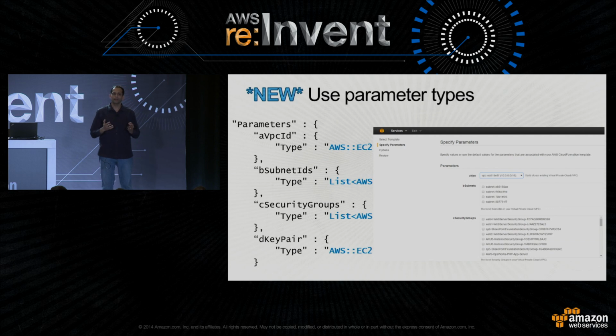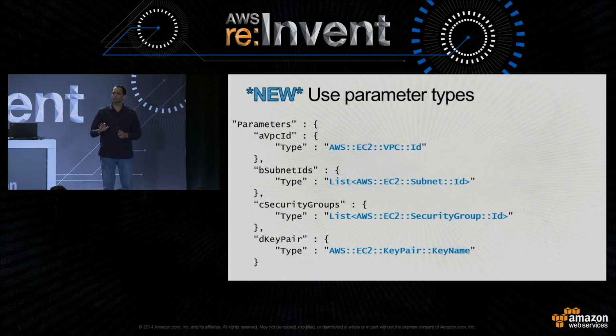And earlier, I had to look up a VPC ID somewhere and then copy and paste it or type it in when I went and created a stack in the console. Not anymore. Using these types allows the console to show you a valid list of VPCs in your account for the region that you're operating in. So there is no way you can pass in an invalid VPC ID.